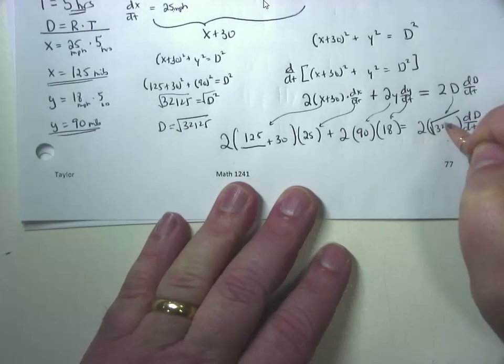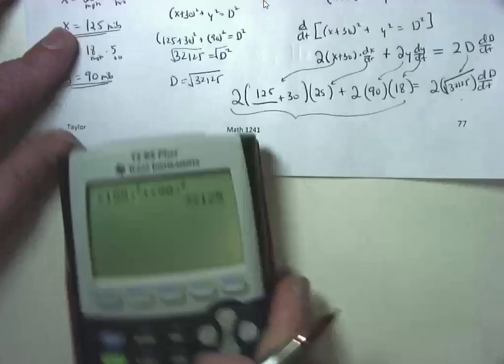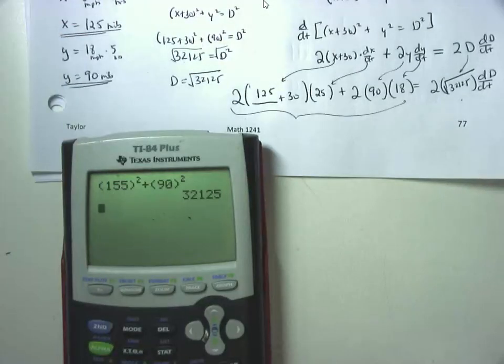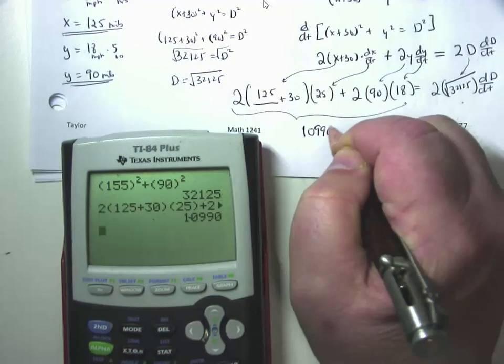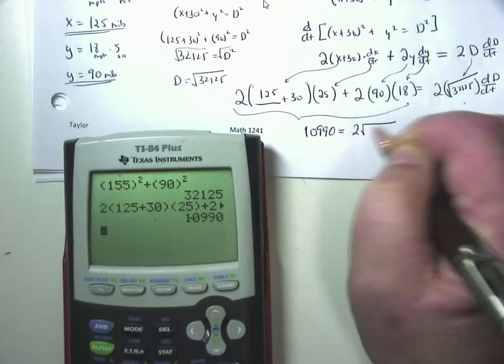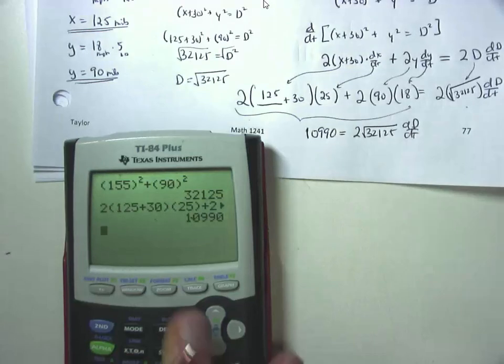Square root of 32,125. So now to solve, I'm going to put this on my calculator. That'll be 2 times (125 + 30), close parentheses, times 25, plus 2 times 90 times 18, and I get 10,990 is equal to 2 times the square root of 32,125 dd/dt.